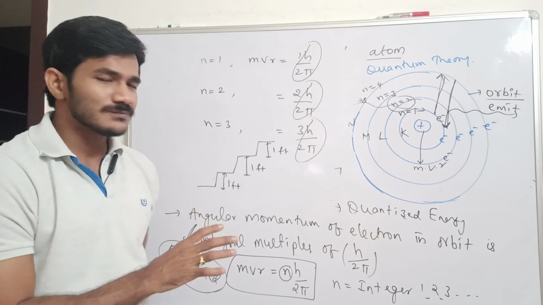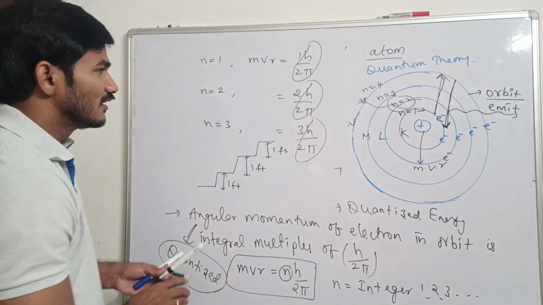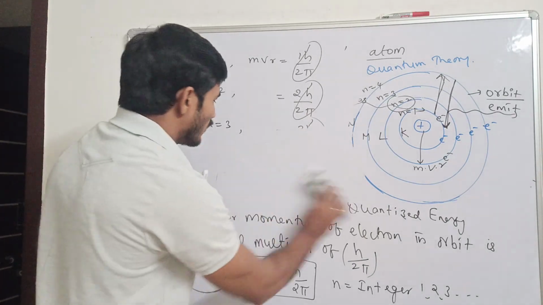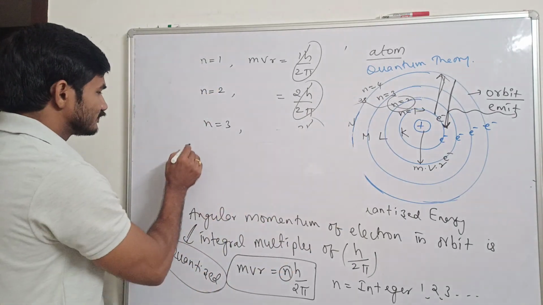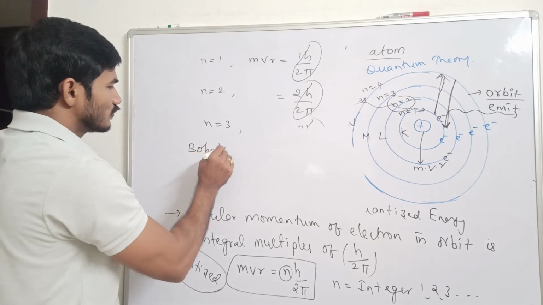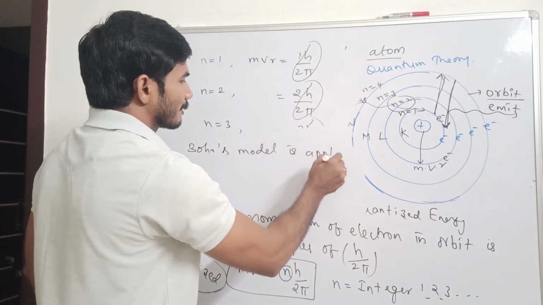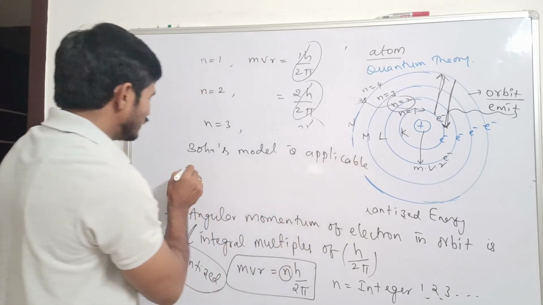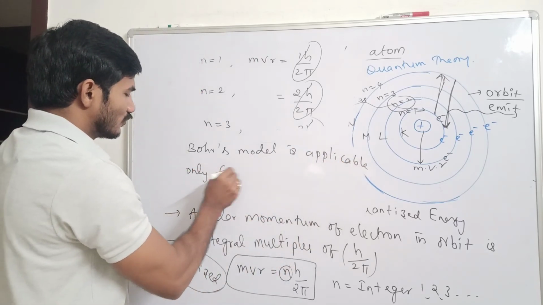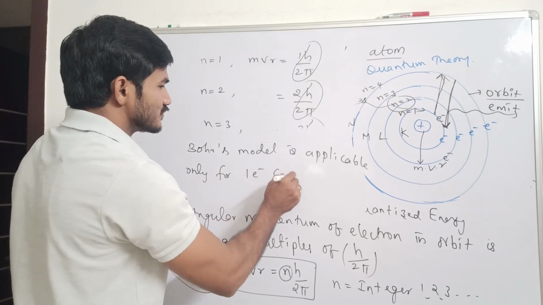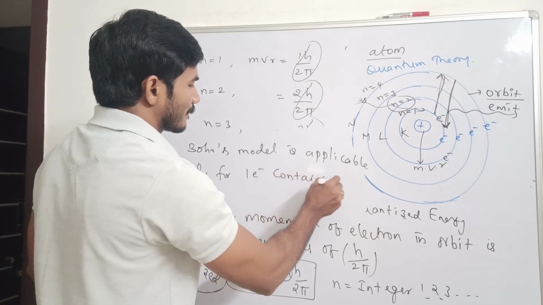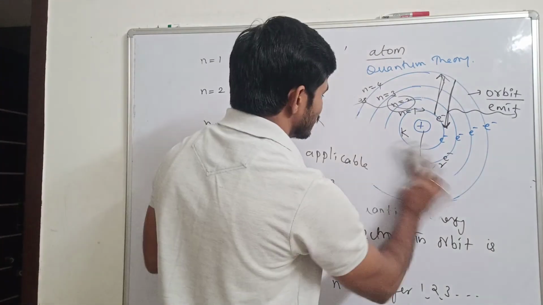And remember, Bohr's theory is applicable only for one-electron containing species.